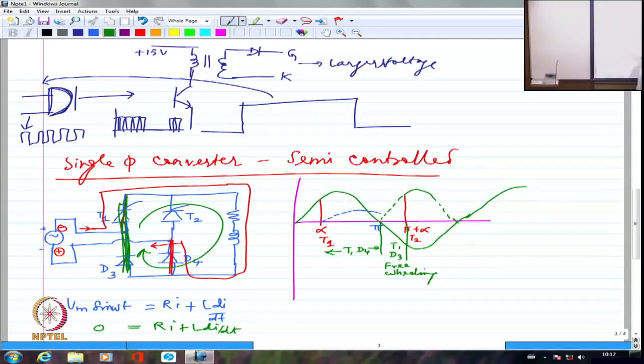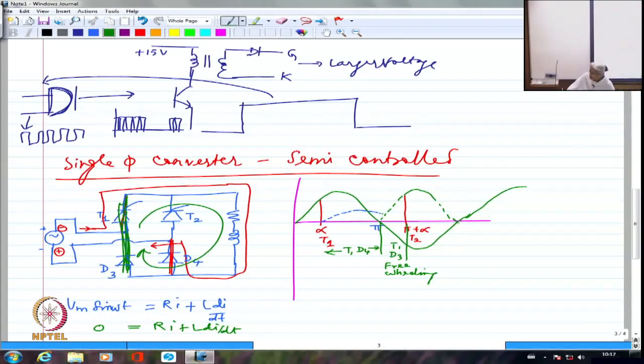Whereas in the fully controlled converter, this negative portion of the voltage was appearing, acting like a drain on the inductance stored energy. Definitely the current could have fallen faster, because it is essentially draining the energy of the inductance. But now the current will not fall as fast.